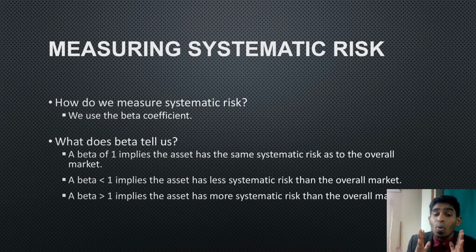So untuk pelajar-pelajar easy to remember, if less, less systematic risk than the overall market. If more, more systematic risk than the overall market. Kalau satu tak ada lebih, tak ada kurang, hanya satu, same systematic risk as the overall market. Okay, saya harap semua faham. Let's go to the next slide.